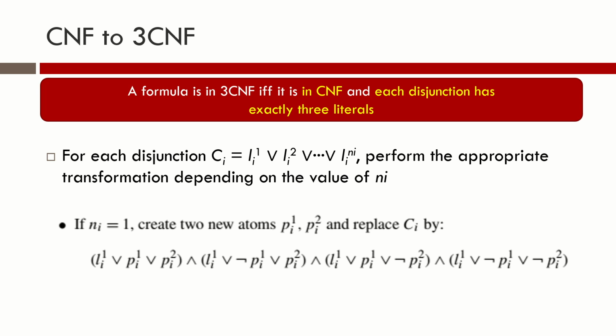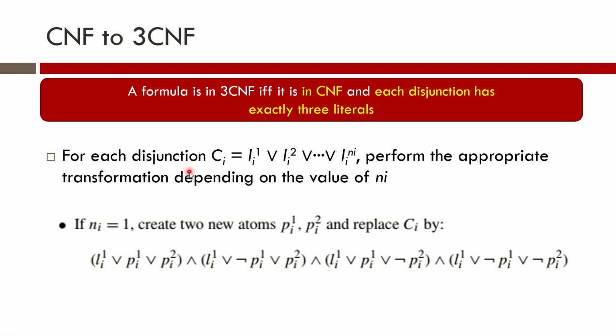But when we represent the formula in CNF, it is not necessary that every disjunction will have 3 literals, right? Sometimes the number of literals in a disjunction will be 1 or 2, in some cases 3, or in some cases more than 3. So, we need to transform it in such a way that every disjunction will have exactly 3 literals. We will see how to do it.